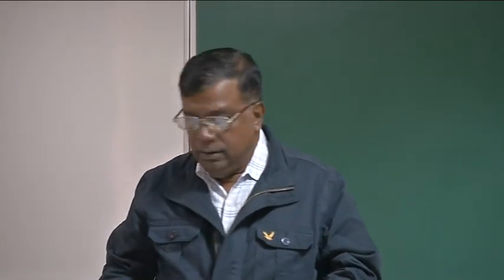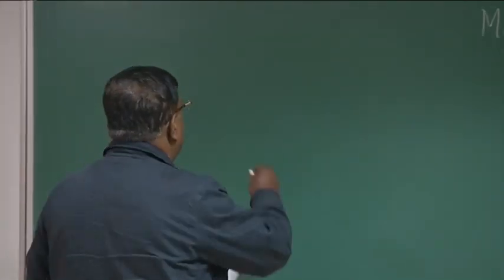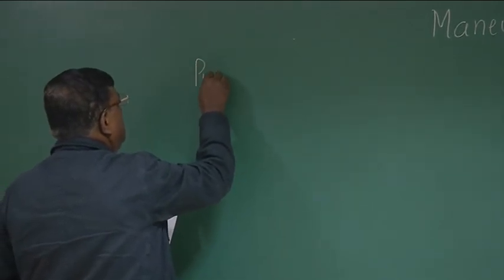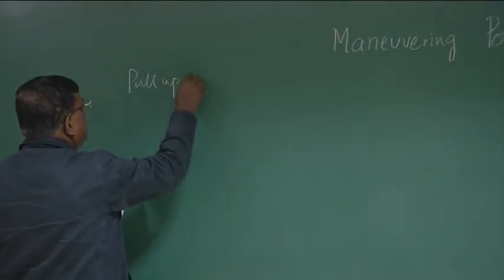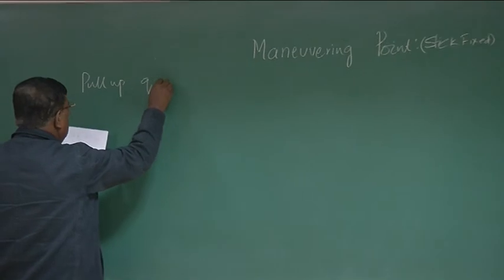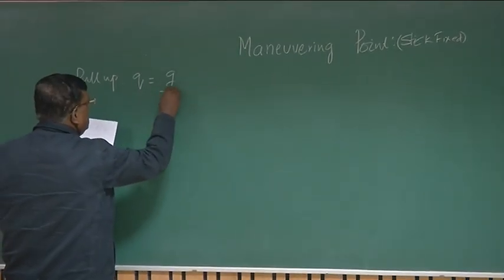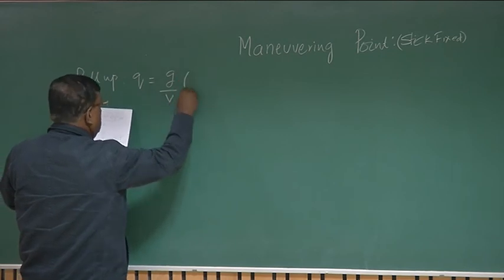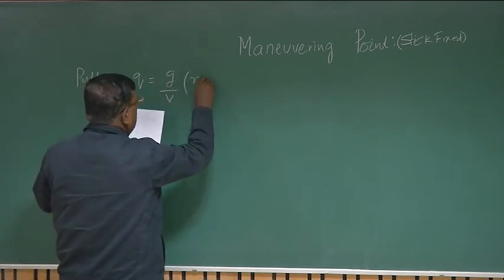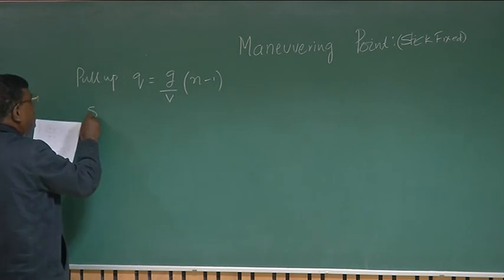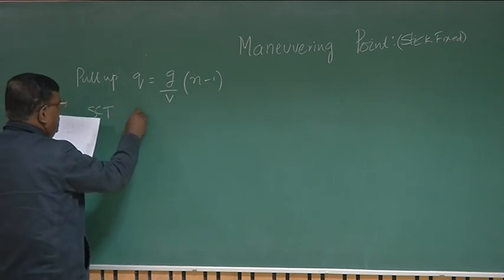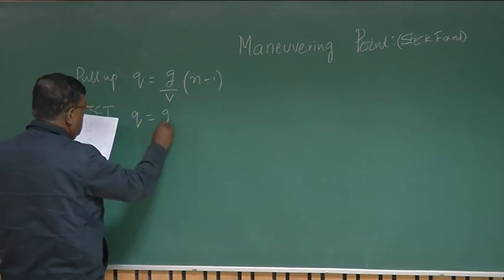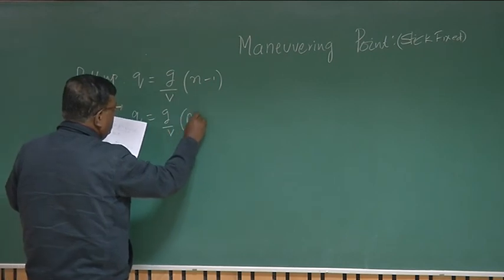And doing that, we found out the expression for pull-up pitch rate Q is equal to G by V into n minus 1, and for steady coordinated turn Q was equal to G by V times n minus 1 by n.